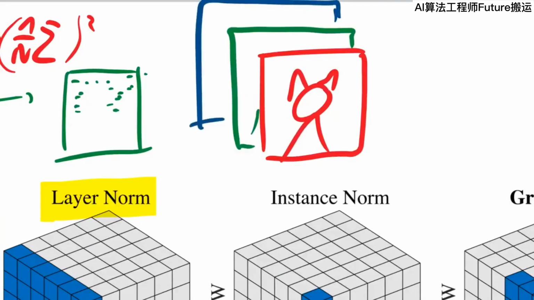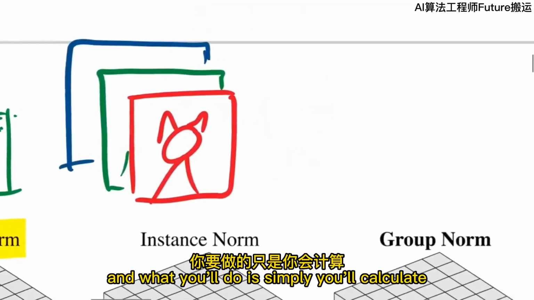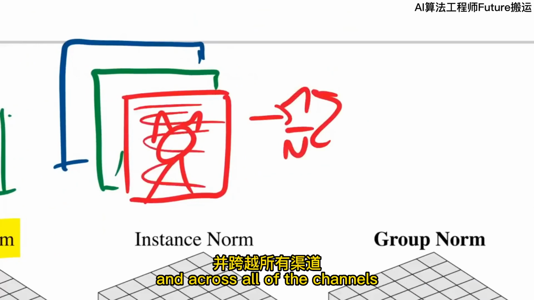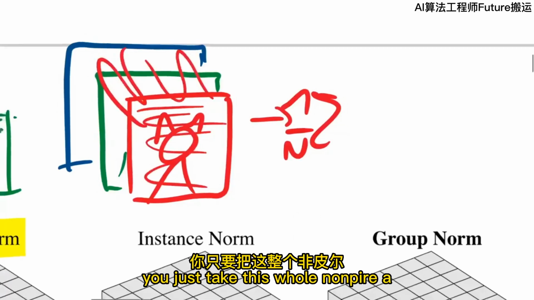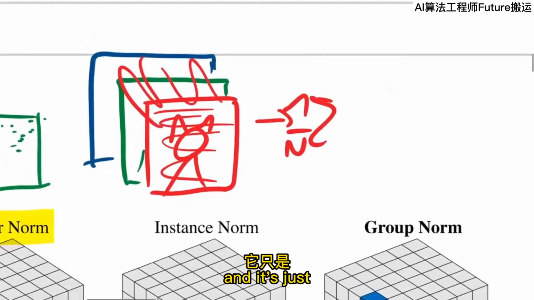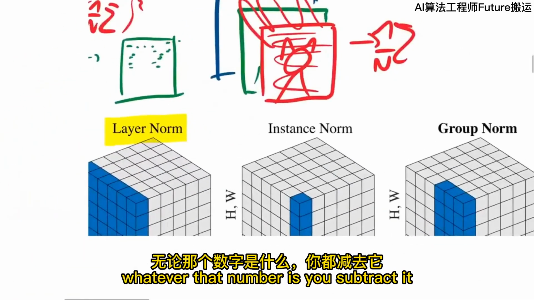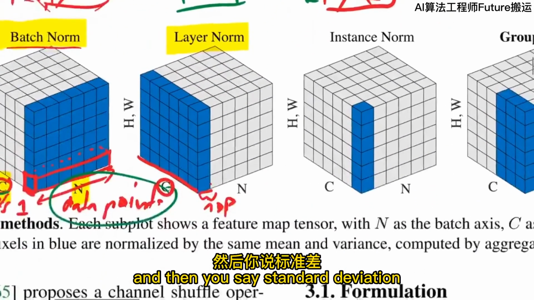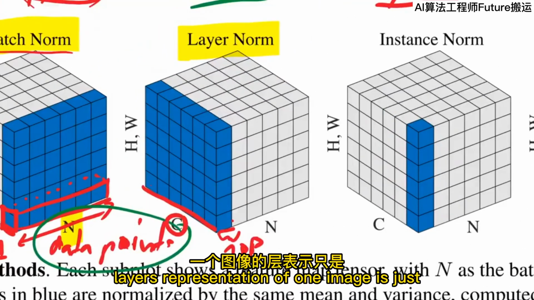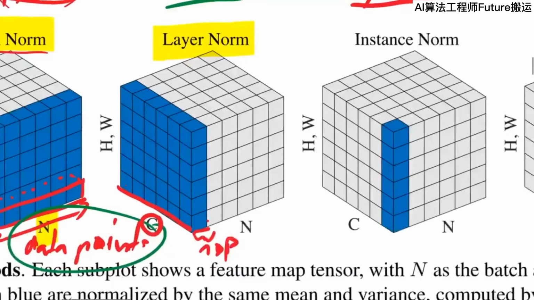And what you'll do is simply calculate the mean across all of the pixels and across all of the channels. You just take this whole NumPy array and you say dot mean, and that gives you one number. Whatever that number is, you subtract it, and then you take the standard deviation and you divide by that. That's layer norm. So an entire layer's representation of one image is just normalized to the mean.